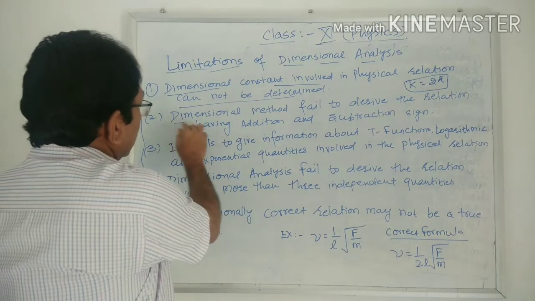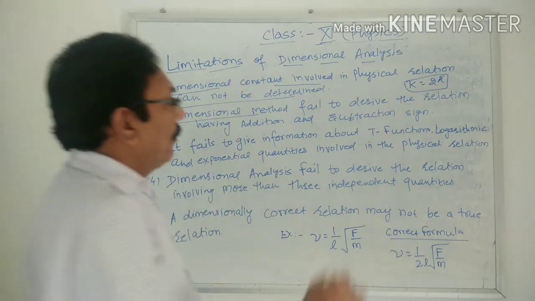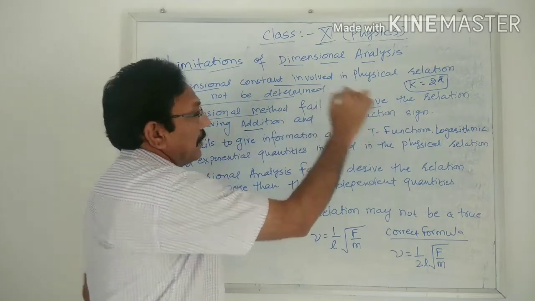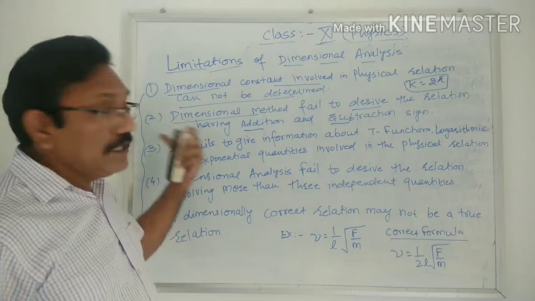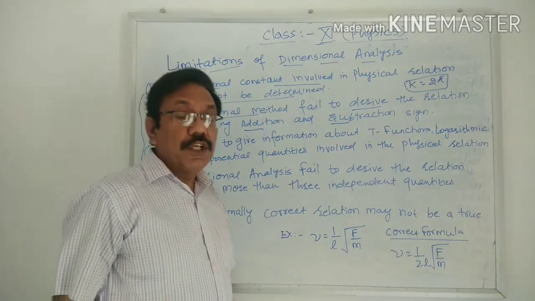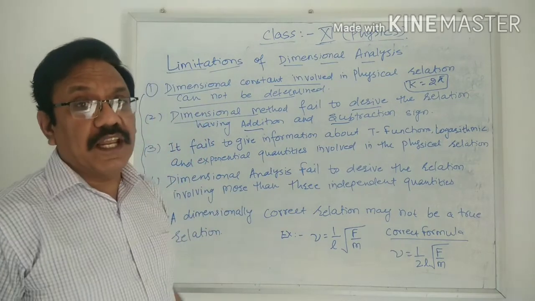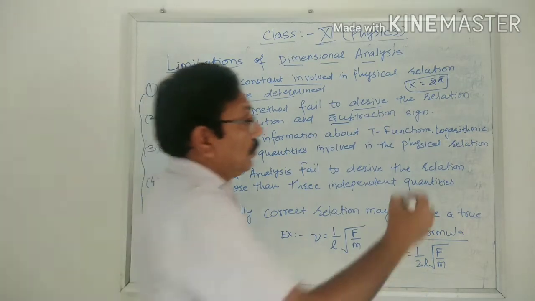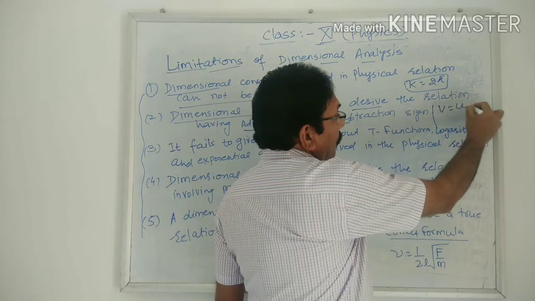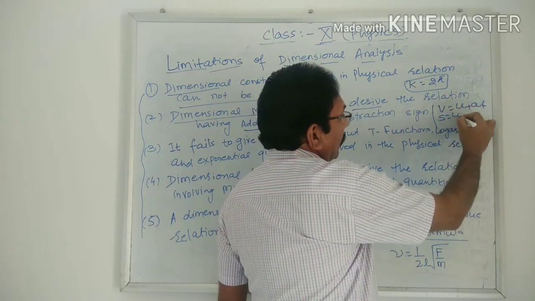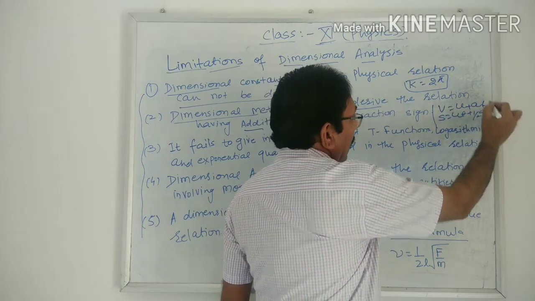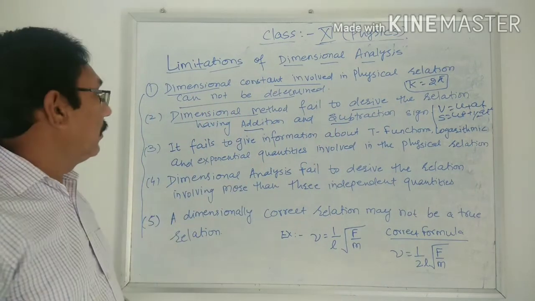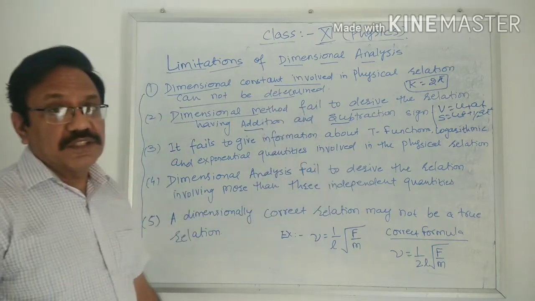Second, the dimensional analysis method is unable to derive relations having addition and subtraction signs. This analysis is only used to derive relations having multiplication and division signs. Like the 3 equations of motion, V equals U plus AT, S equals ut plus half at square and v square equals u square plus 2as cannot be derived by the method of dimensions.